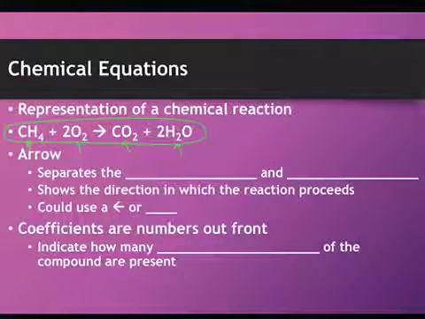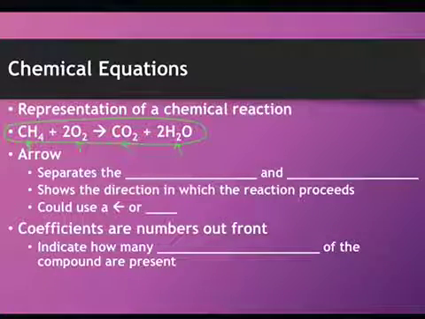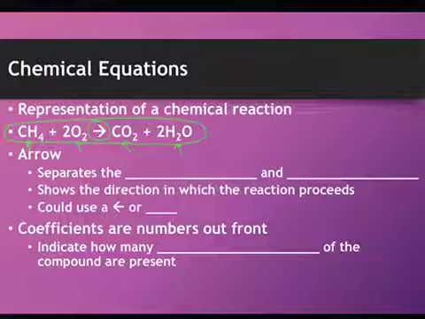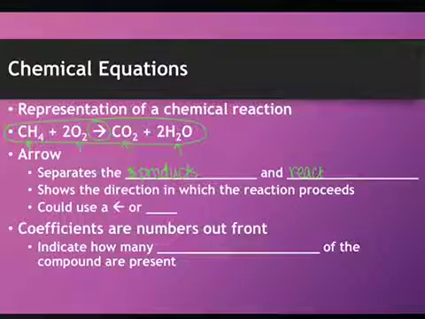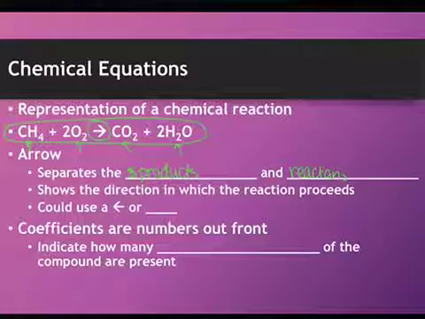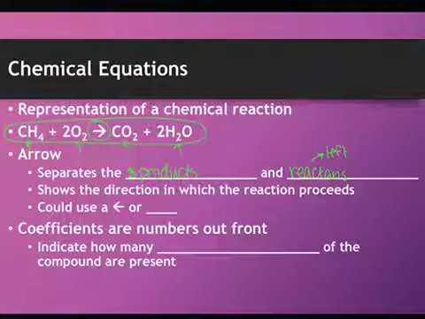And so a couple pieces about when we look at these chemical reactions, you'll notice that there's an arrow almost in the middle. And the arrow's job is simply to separate the products and the reactants. And so the reactants are always on the left side of the arrow, and the products are always on the right side of the arrow.